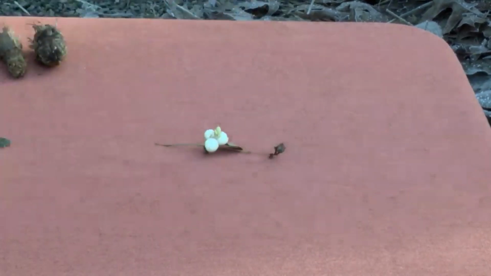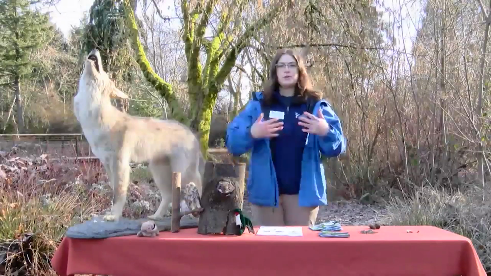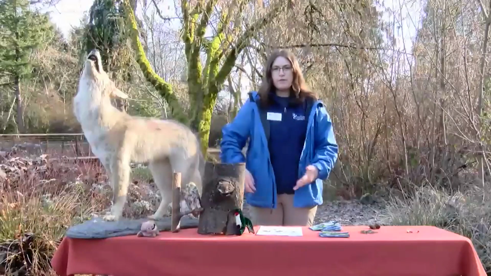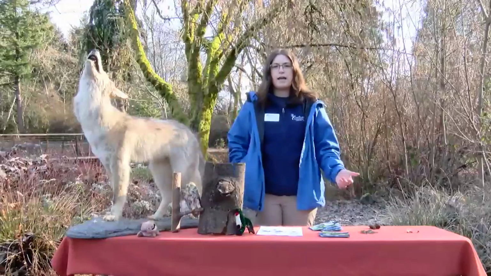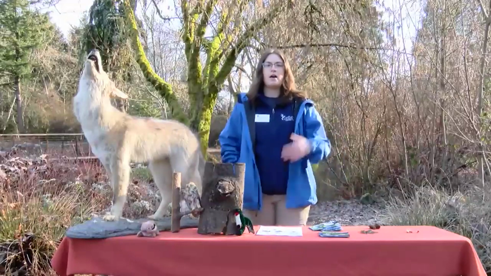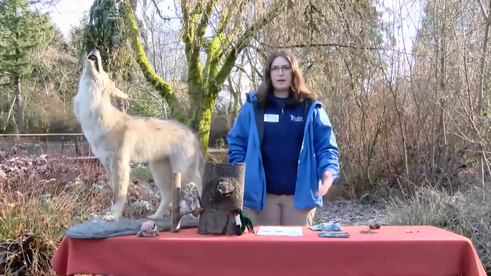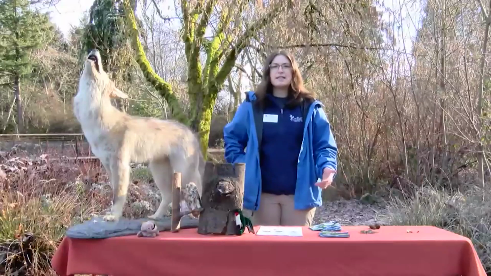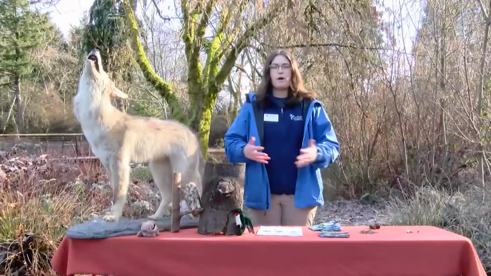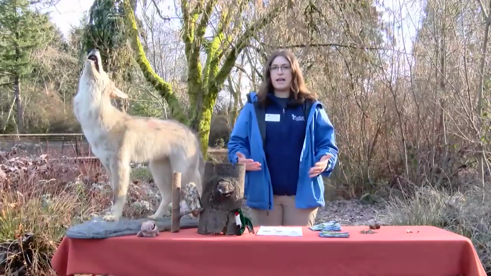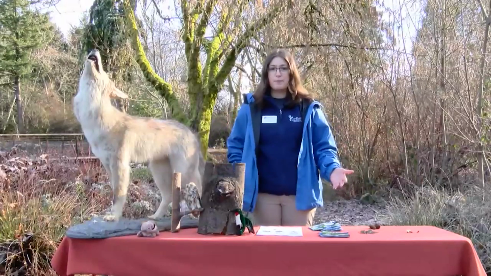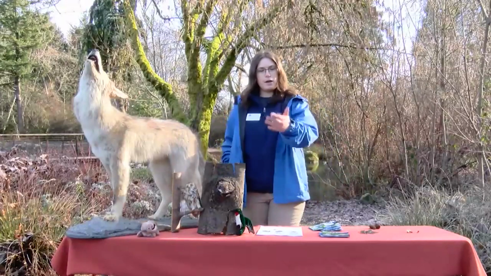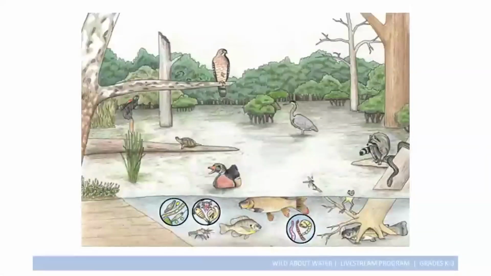Like I said, today we are going to be talking about animal homes and all of the things that are necessary for an animal's habitat to be complete and successful. Now, what exactly is a habitat? A habitat is an area or a home for animals where the animal can find everything that it needs to survive. Hopefully on this illustration, you can see all of these things together.